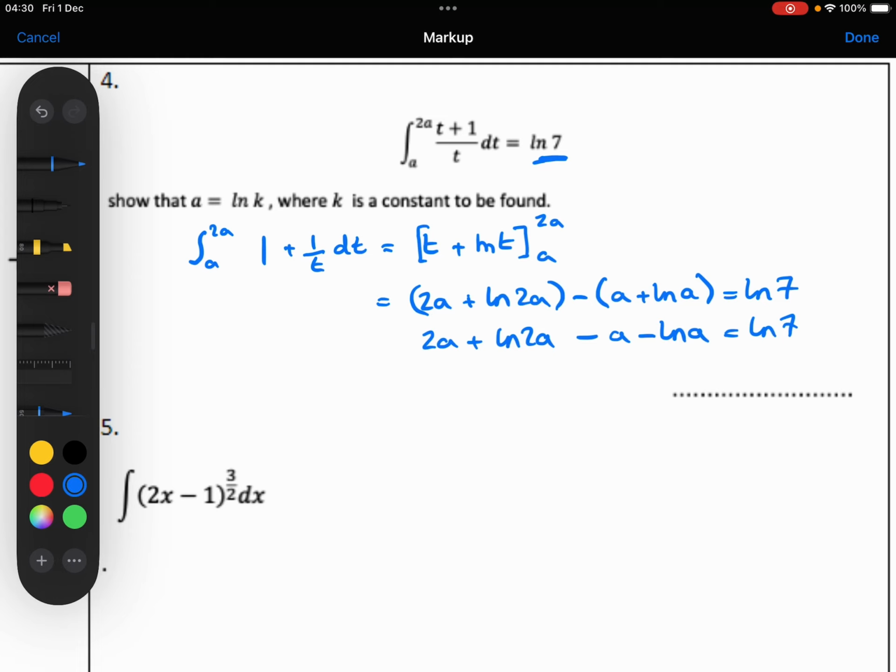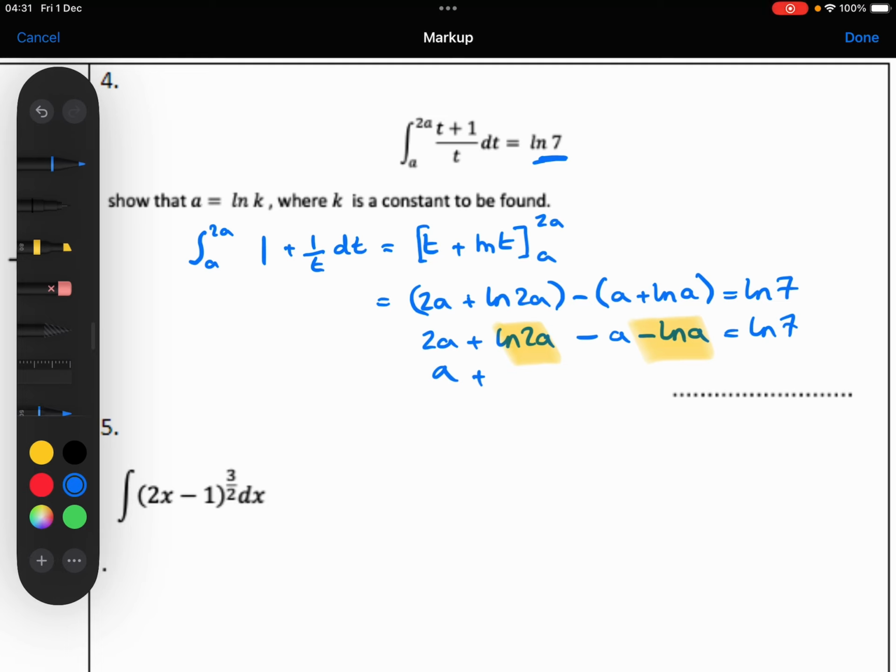If we collect up like terms here, we've got the 2a minus a, which is a, plus then we've got the ln 2a minus ln a.